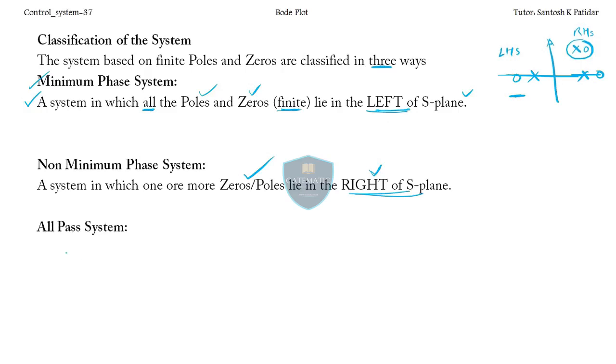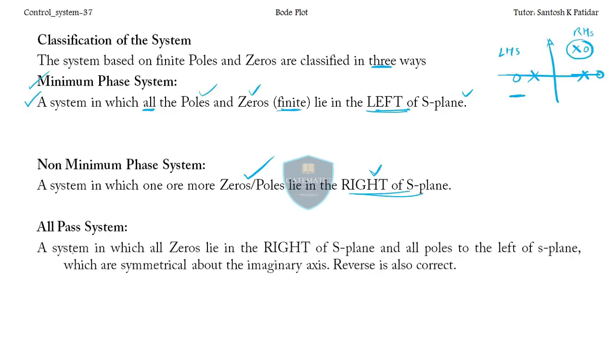And the condition for the all pass system is a system in which all zeros lie in the right of the S-plane. I'm taking the S-plane over here, sorry for this khatarnak diagram. If you have a zero over here, you will have a pole over here, and the reverse is also true.